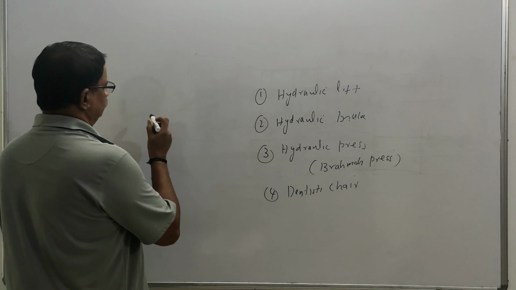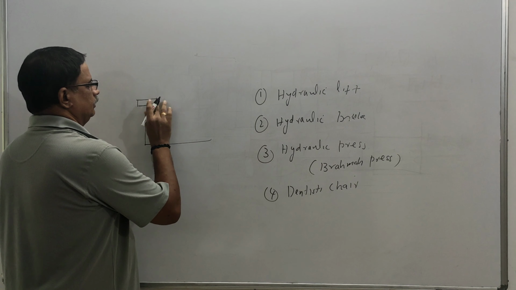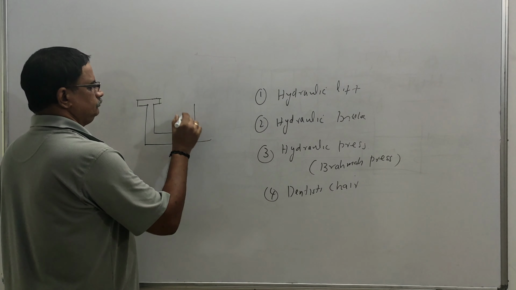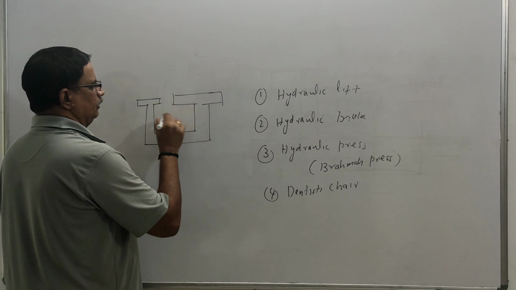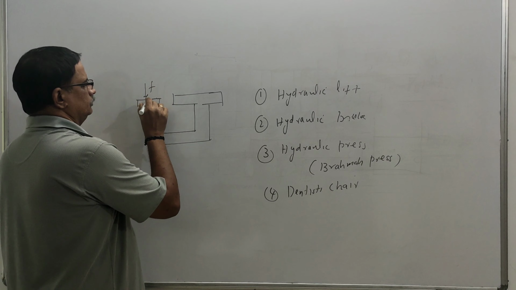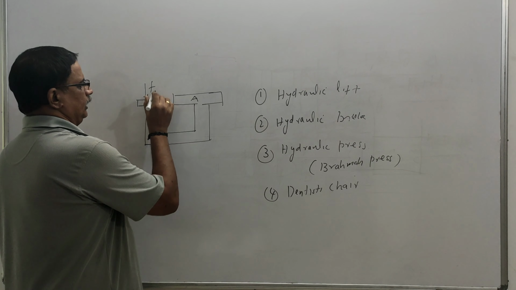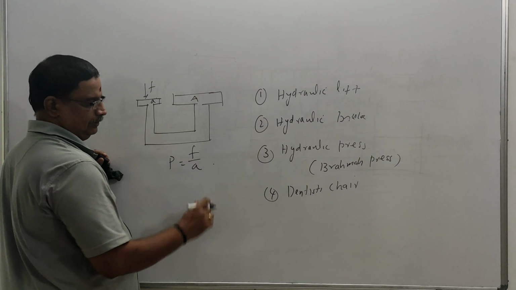So there are two platforms, one having a smaller area and the other one having a larger area. They are connected by a tube like this. If you apply a force F here, on the smaller area a, the pressure acting on the smaller platform will be F by a.